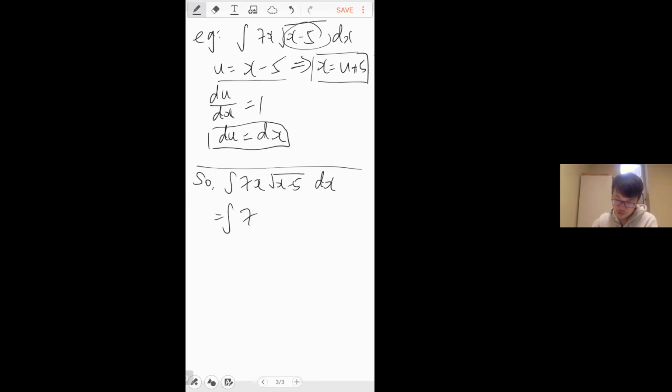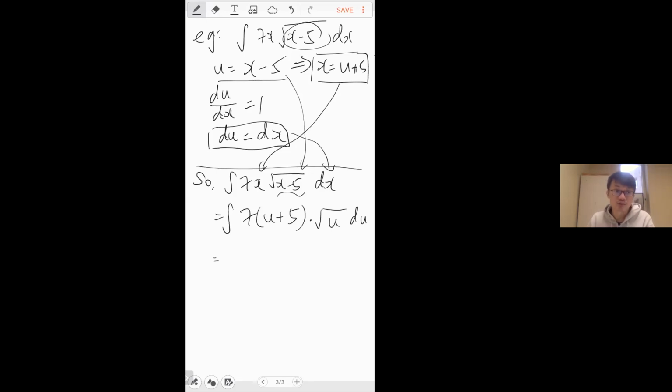So I know that x equals u plus 5 from here. So this is u plus 5. And I also know that, by definition, x minus 5 is u. So I get this is u. I also get that dx equals du. So change that into du. Questions? Cool.